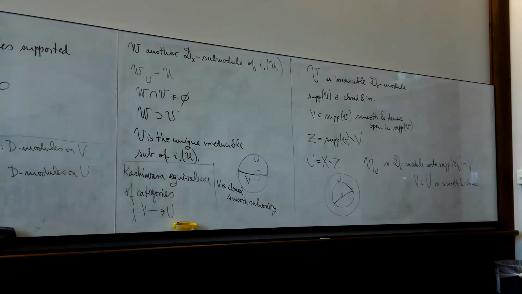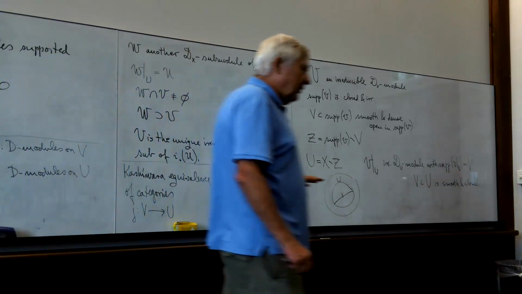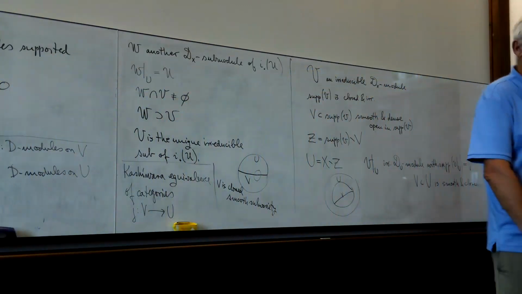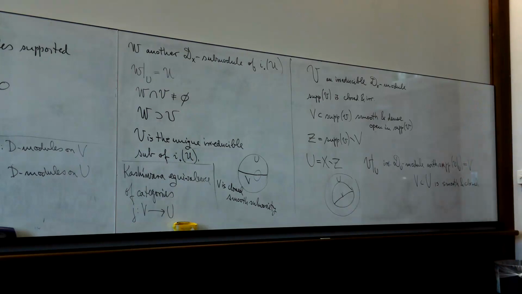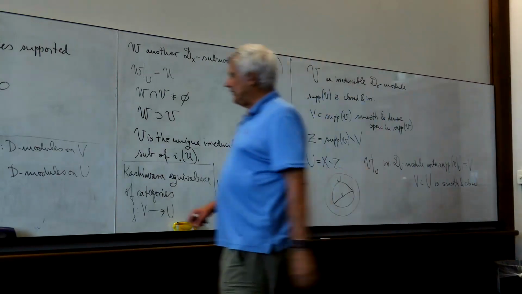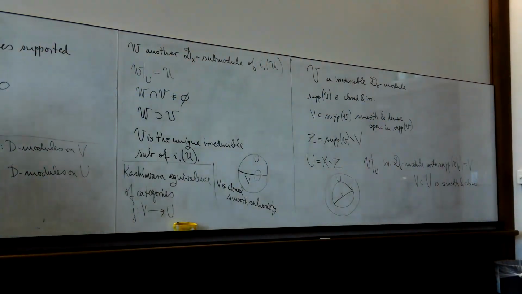Okay, so let me just wrap up this big picture, and next time you're going to fill in details. So related to Jordan's question, let's see how this works in the situation of our Harish-Chandra sheaves, where we can be more precise because our supports kind of vary.